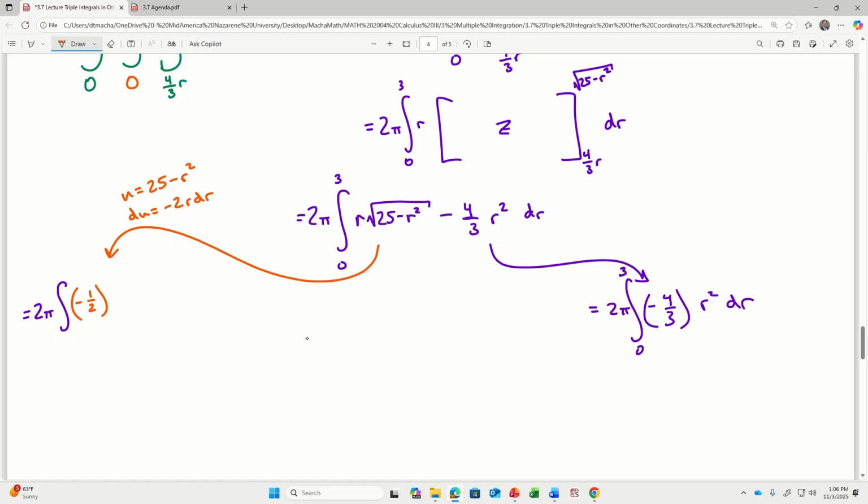And then I'm going to replace r dr with du. So the square root of u du. 0 is going to be 25 minus 0 squared, so 25 for my lower bound. And then 3 is going to be 25 minus 3 squared, which is going to be 16 for the upper bound.